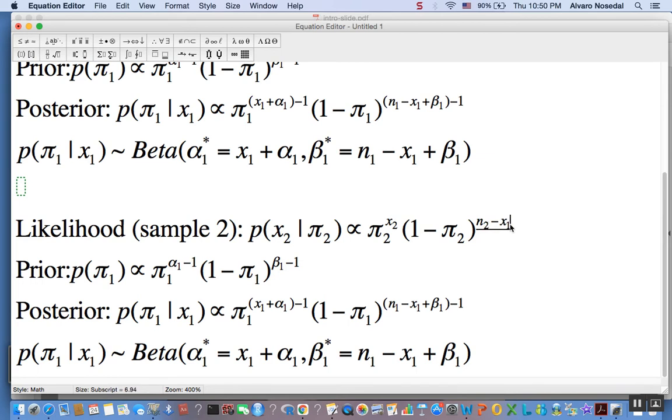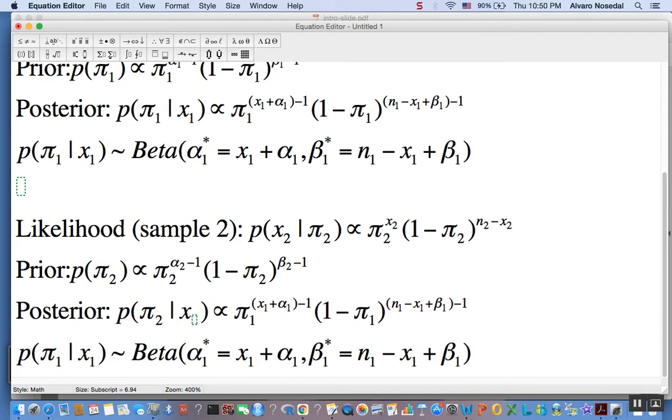We are going to have a different sample size potentially, right? We're going to be considering the same kind of prior, a beta prior, but it could have different parameters, different alpha, different beta. And then again, our posterior will be obtained by combining those two components, the likelihood and the prior, by employing Bayes' theorem.